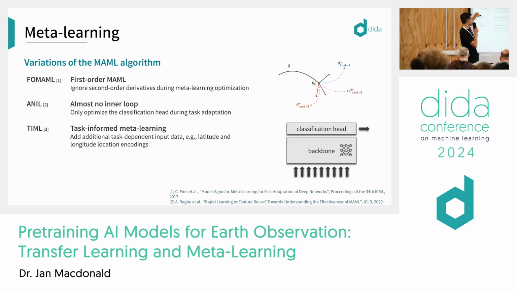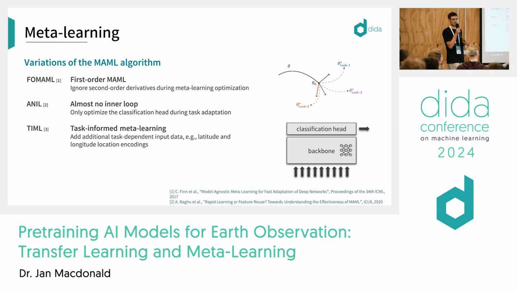The first idea is called first-order MAML. And as the name says, it just tells us to ignore all second-order derivatives, assume they are 0, and then solve the optimization problem that way.